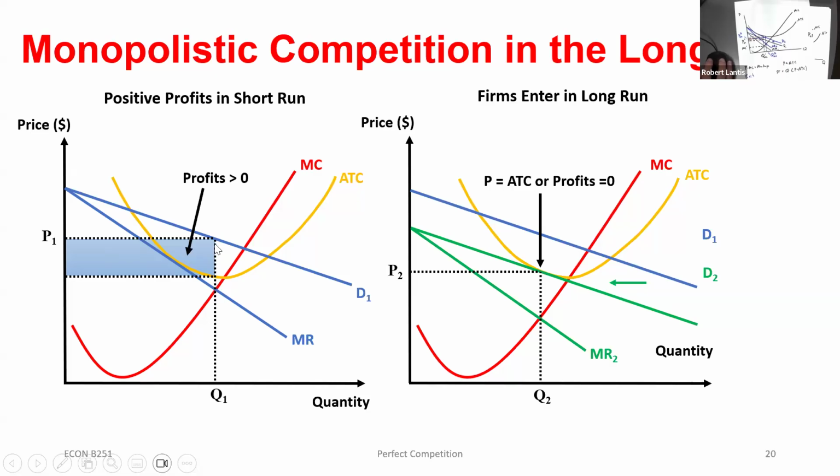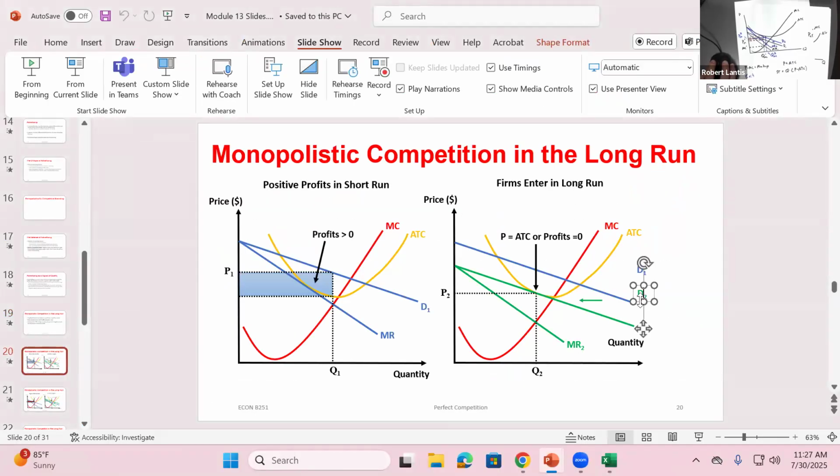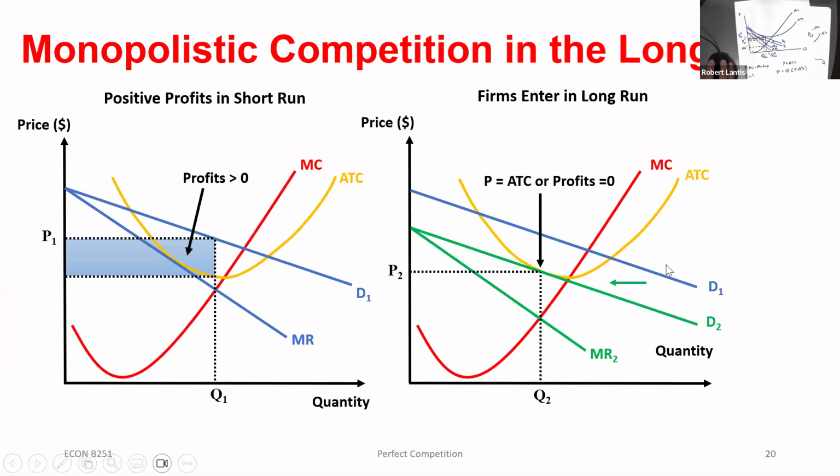If this exists, what do firms do? Well, if there's positive profits, firms will enter this market as we move towards the long run. As they enter this market, each existing firm has a smaller portion of the overall demand. So relative to the old demand curve, where's that new quantity they're going to choose?